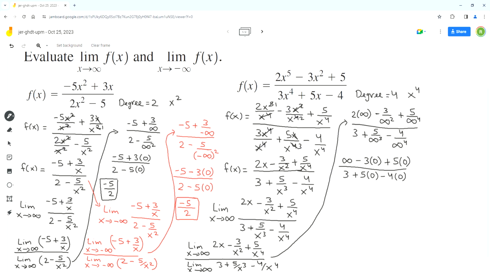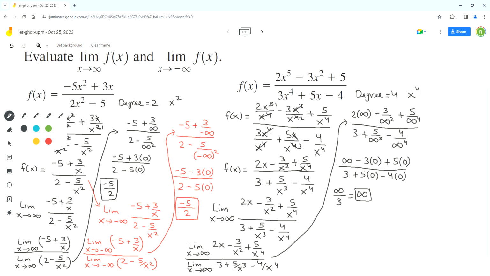Now in the numerator we get infinity, and in the denominator we get 3. So infinity over 3 is just equal to infinity. So this should be the final answer for x approaches positive infinity.